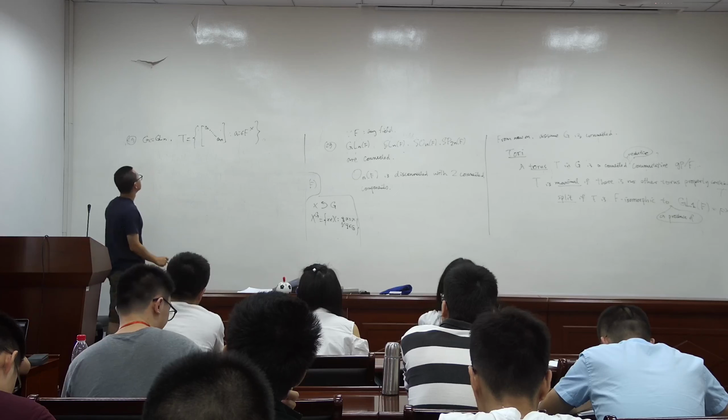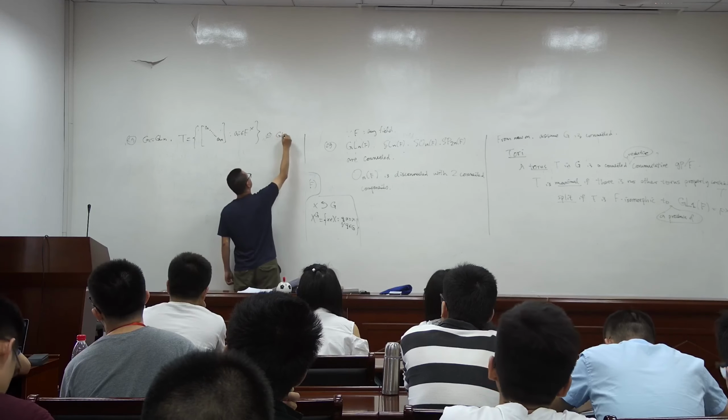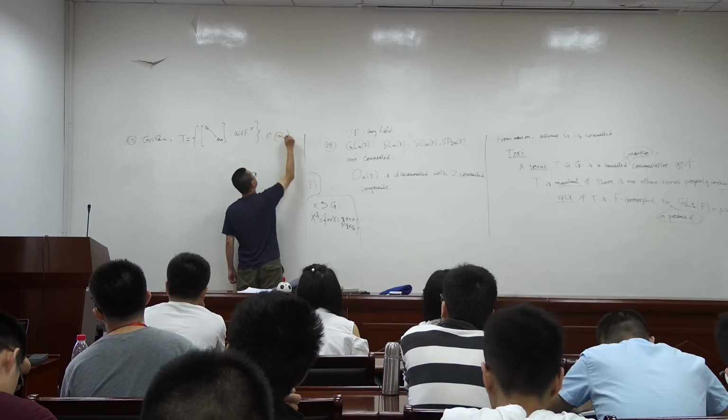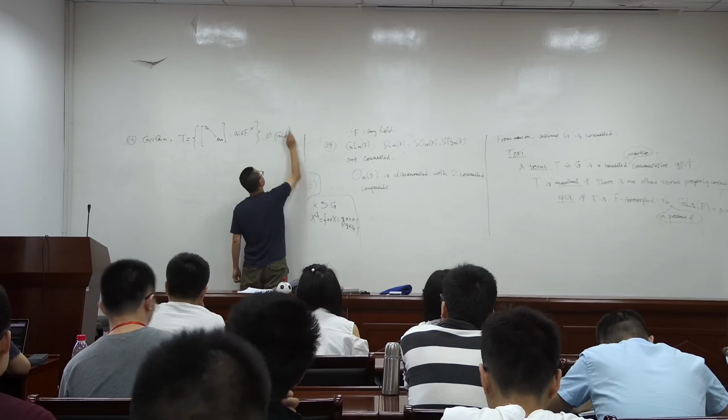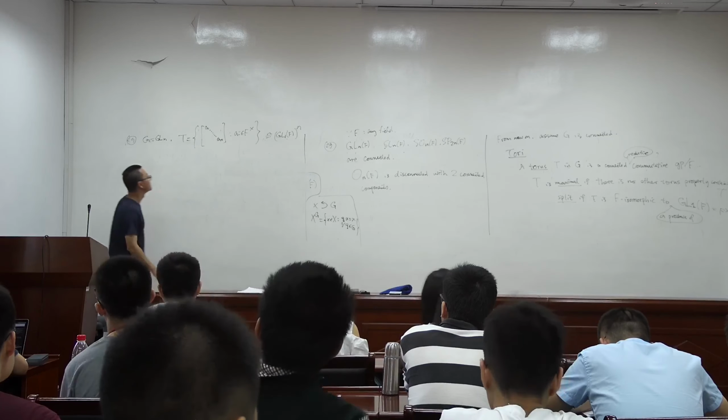So this is a split maximal torus. It's isomorphic to GL1, n pieces.